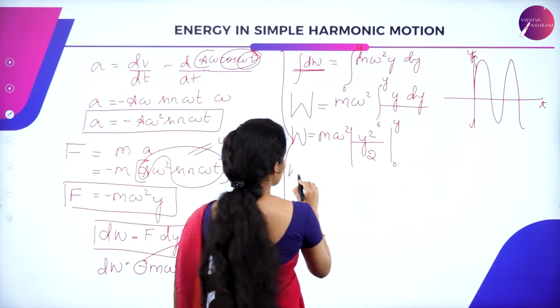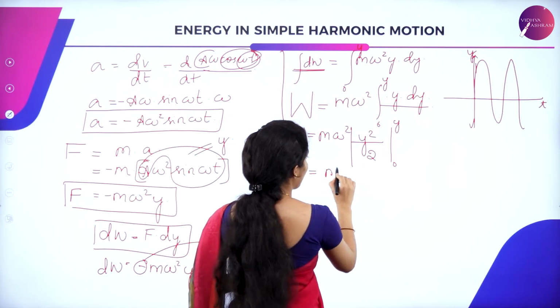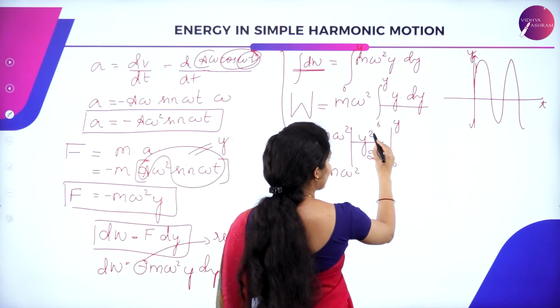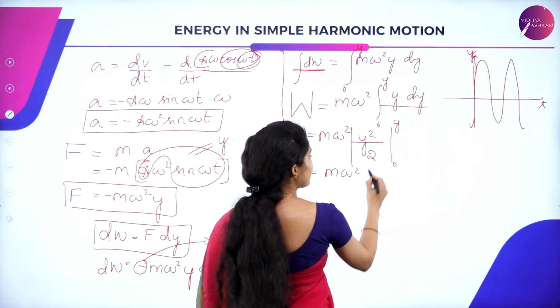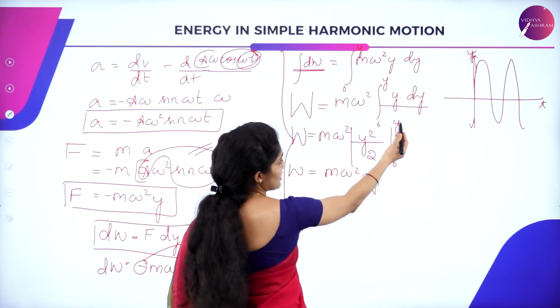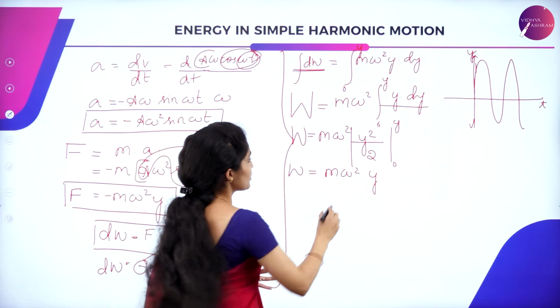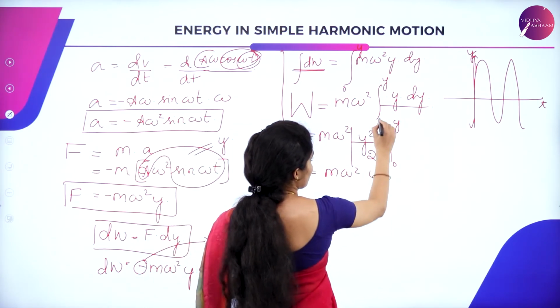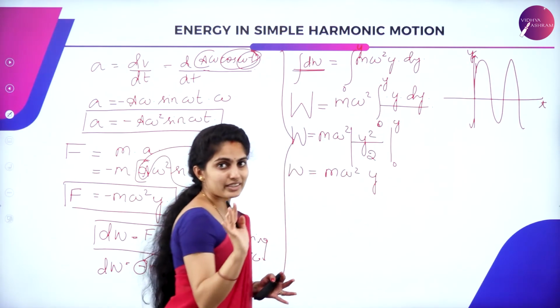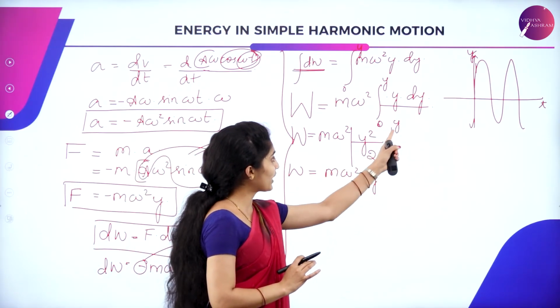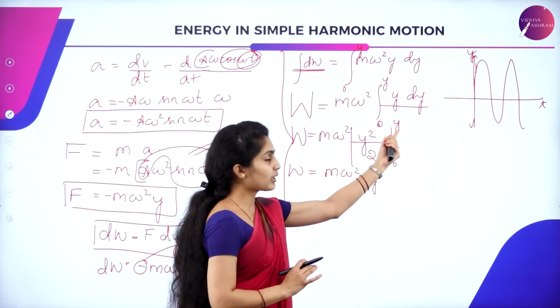So what happens to this? W is equal to m omega square, and we apply the limits head to toe. In the place of y we put the same thing. Since it is the same alphabetical term, there is no difference in that. The lower limit is 0, which is for the previous step. Don't get confused with it. So we have m omega square, and instead of this y we are replacing this y.